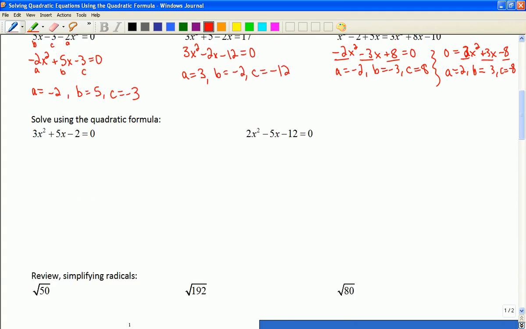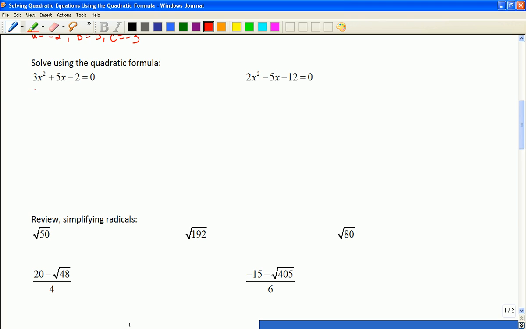Okay, so let's try solving using the quadratic formula. In this case, I have my A, B, and C values. So it's going to be negative B plus or minus the square root of B squared minus 4AC, and everybody's divided by 2A. So this is going to be negative 5 plus or minus the square root of 25 plus 24 all over 6.